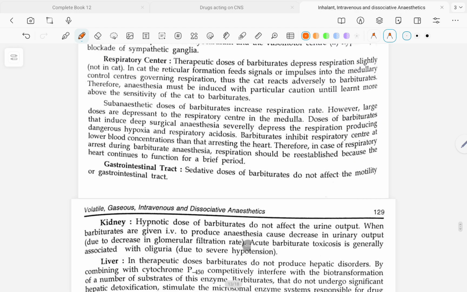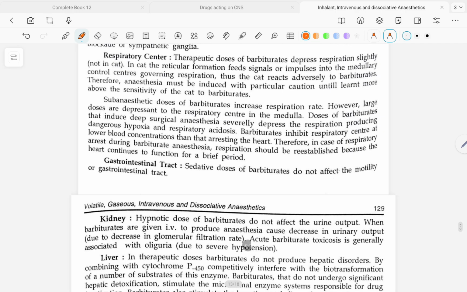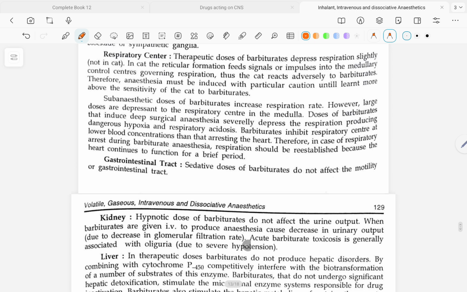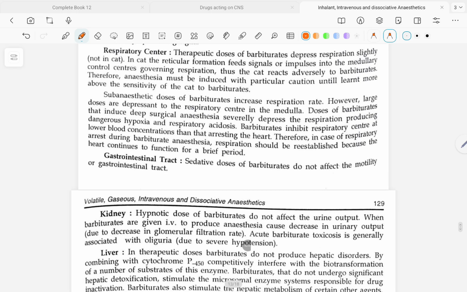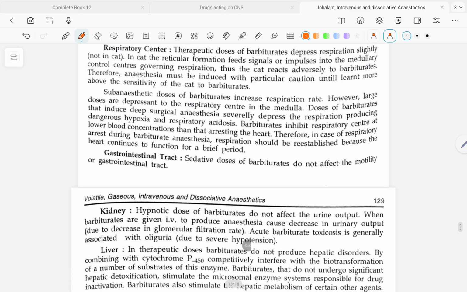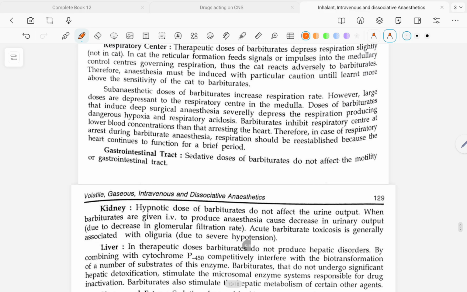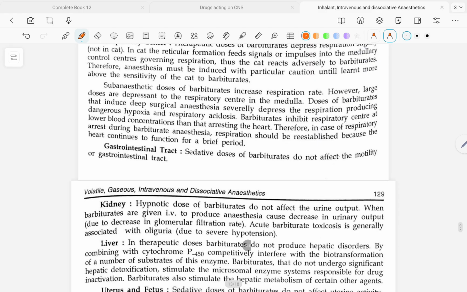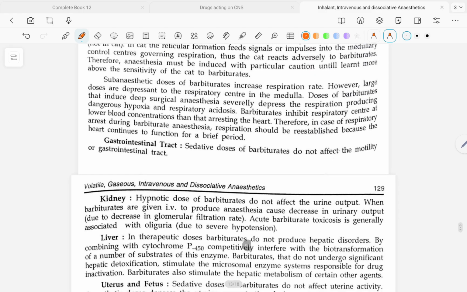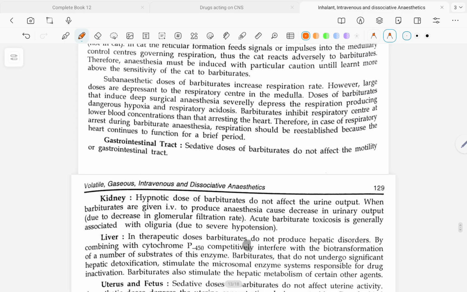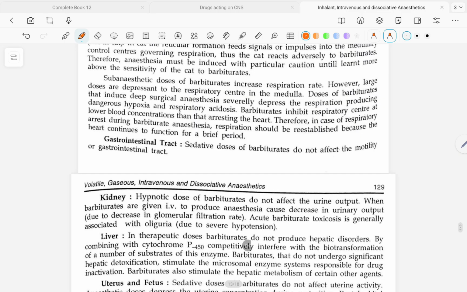Sub-anesthetic doses of barbiturates increase respiration rate. However, large doses are depressant to the respiratory center in the medulla. Doses of barbiturates that induce deep surgical anesthesia severely depress respiration, producing dangerous hypoxia and respiratory acidosis.